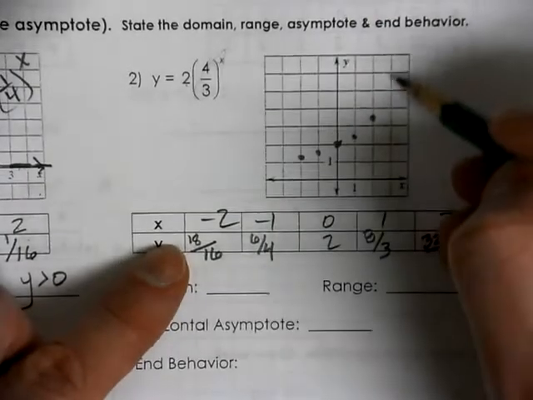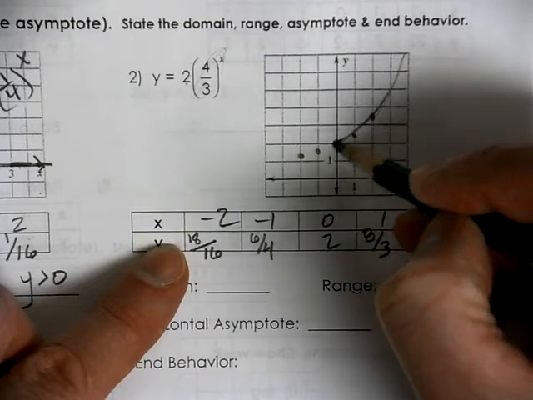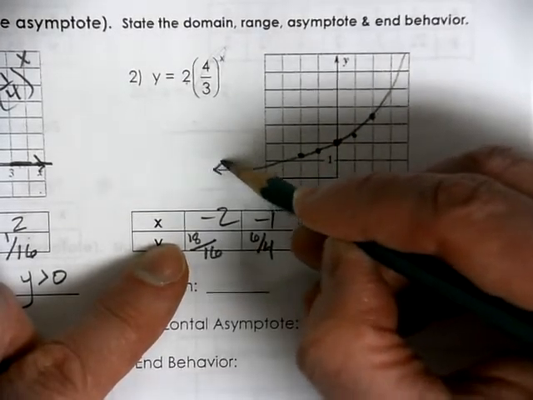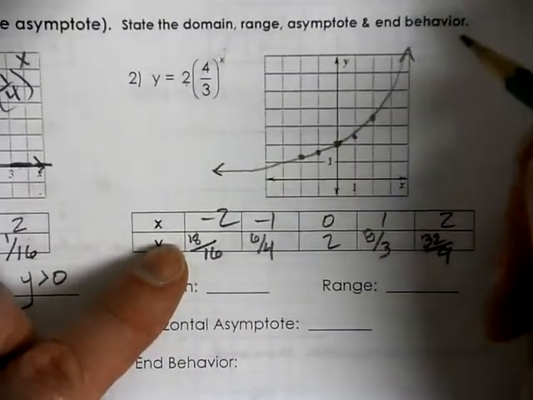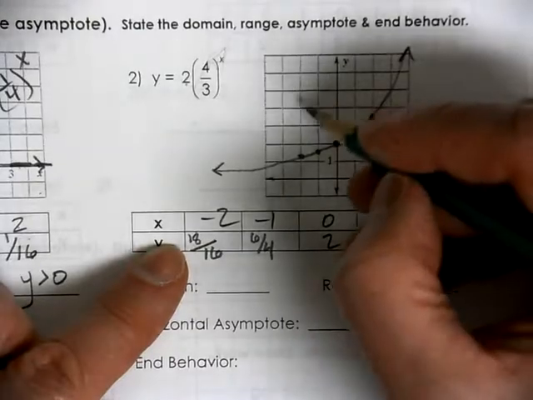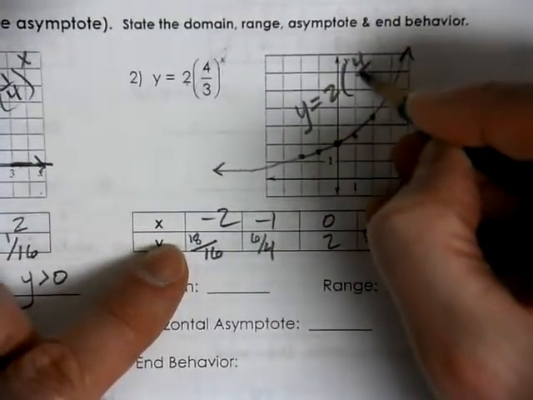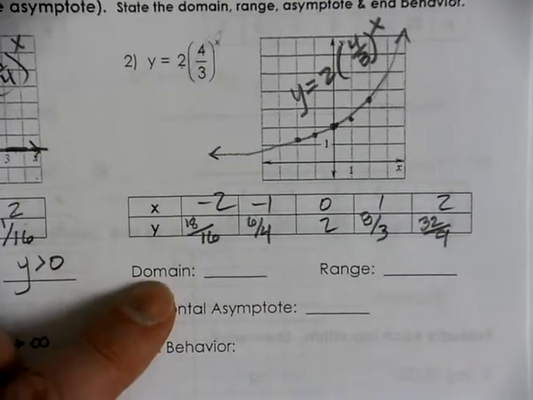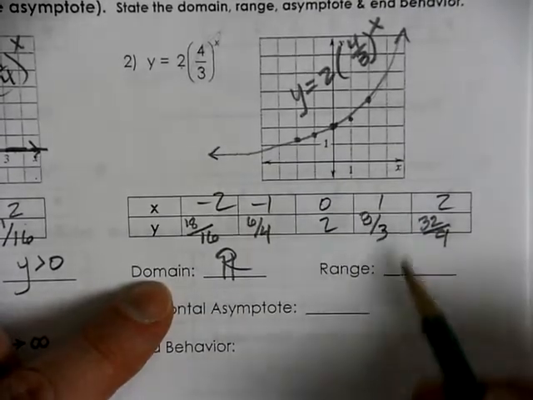Okay, so really that's going to keep heading up, and this will keep heading down until it gets close to the x-axis. So that is an exponential growth. Our domain, of course, is all real numbers. We can type in positives and negatives.